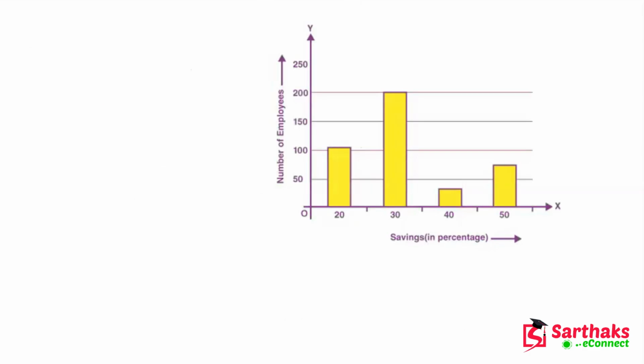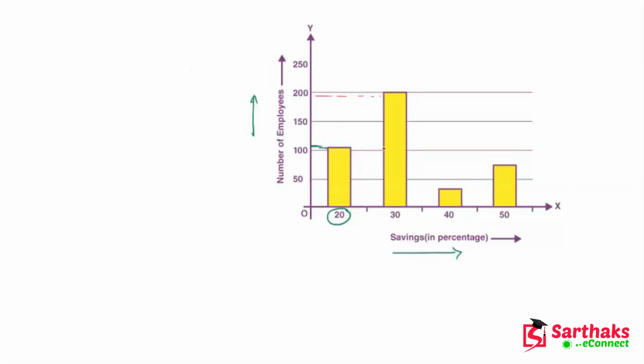Yes. Now let's represent this. Okay, so here you can see the given data can be represented like this. On the x-axis there are savings in percentage, and on the y-axis there are number of employees. Okay, so here you can see 20% saving equals 105 employees.